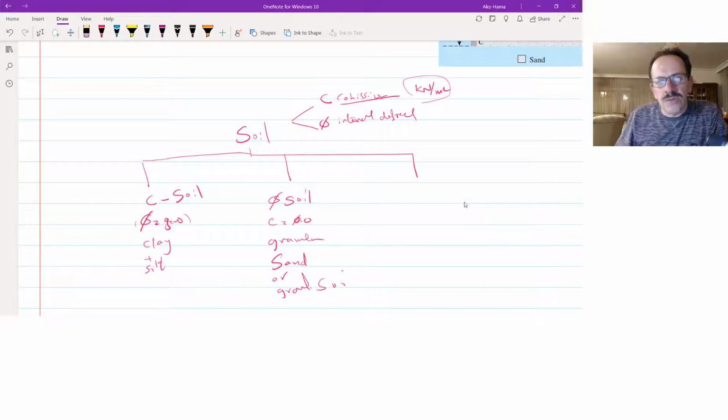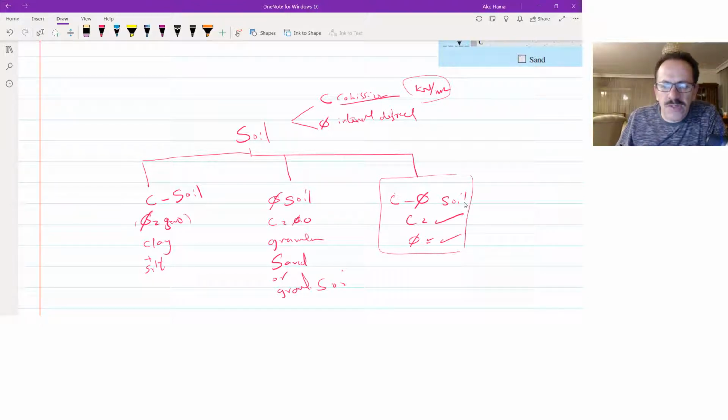Now usually we have both in nature. We have soils that most likely have both C and phi. They usually have the cohesion C, and they have the internal friction angle phi. So usually we have this kind in nature, and we can deal with this one.